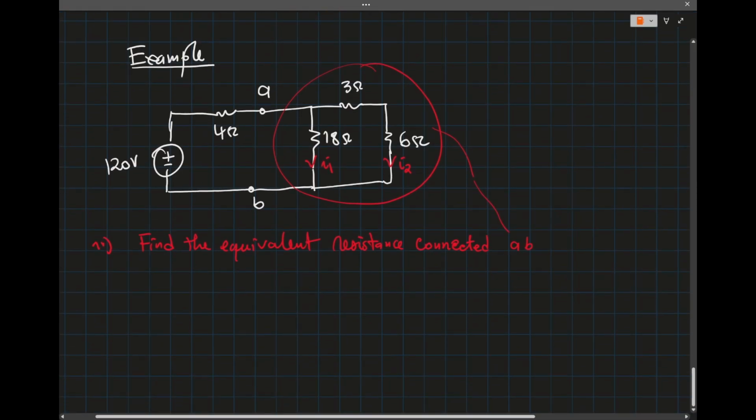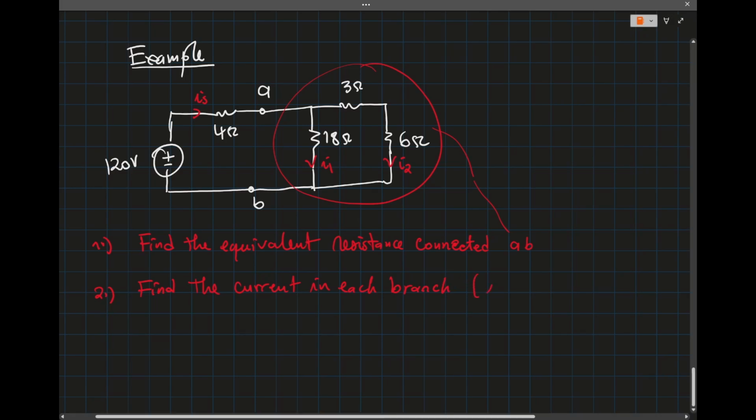And then, let's say this is IS, find the current in each branch.